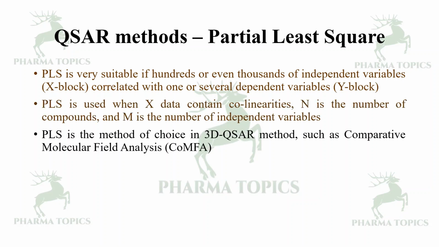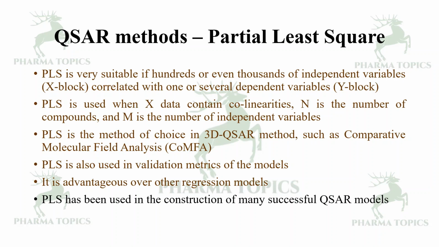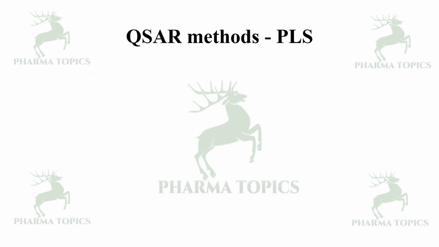PLS is a method of choice in 3D QSAR methods such as comparative molecular field analysis, that is CoMFA. PLS is also used in validation metrics of the models. It is advantageous over the other regression models. PLS has been used in the construction of many successful QSAR models.